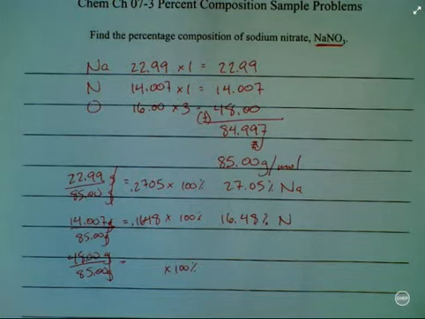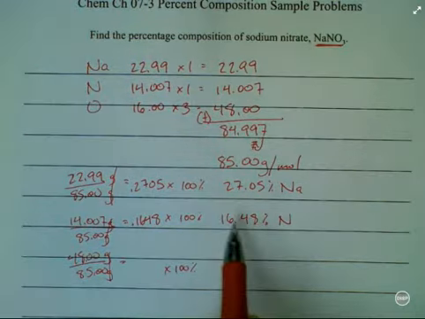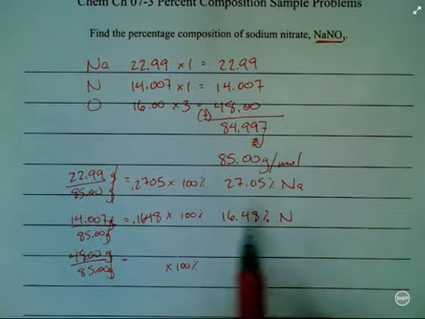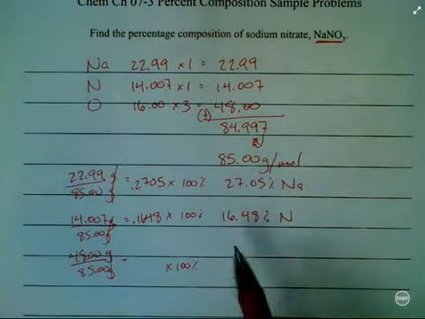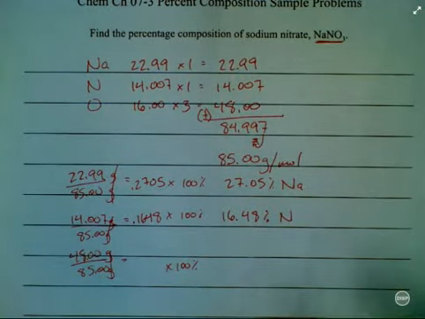Now just looking at these two values that I've already calculated, 27.05 and 16.48, I can already get an idea of what the percent due to oxygen is going to need to be. It's going to need to be around 55 or 56 in order to make up for the percentages that I'm missing here, because again, all 3 of these percentages have to add up to 100. All right, so let's look at oxygen and see if it fills in as we predicted.